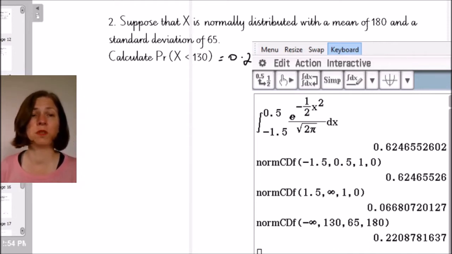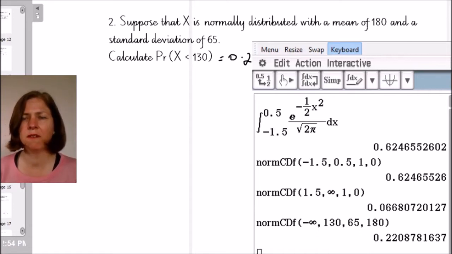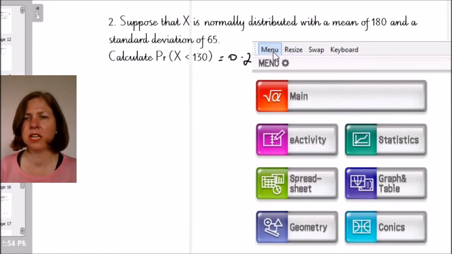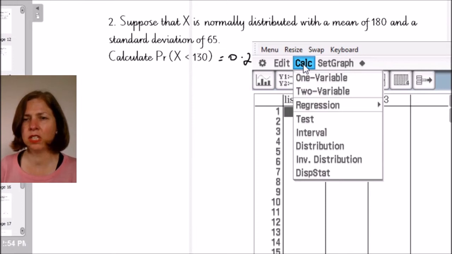It's really straightforward. However, before I go on to the next thing, there is another technique that you can use. So I'm going to go back and show you that now. Instead of being in the main, what we can do is go to the menu, and I'm going to go to statistics. Now I'm going to do calculation.